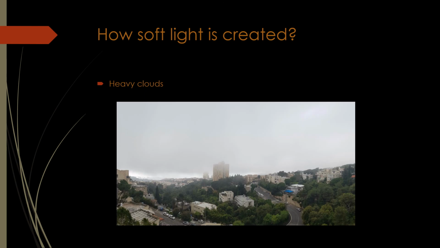As opposed to that, in heavy clouds the light is really diffused. It is spread all over. The edges of the shadows will not be seen at all. There will be very smooth edges, and the mood will be appropriate for that. It depends what to shoot.